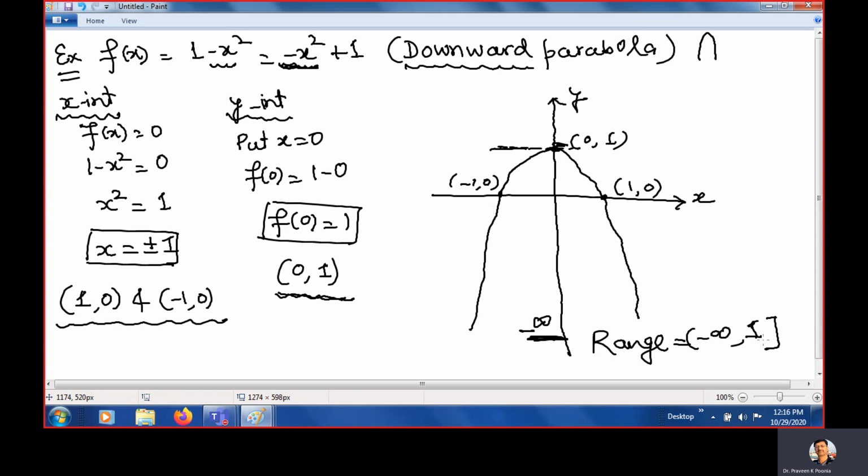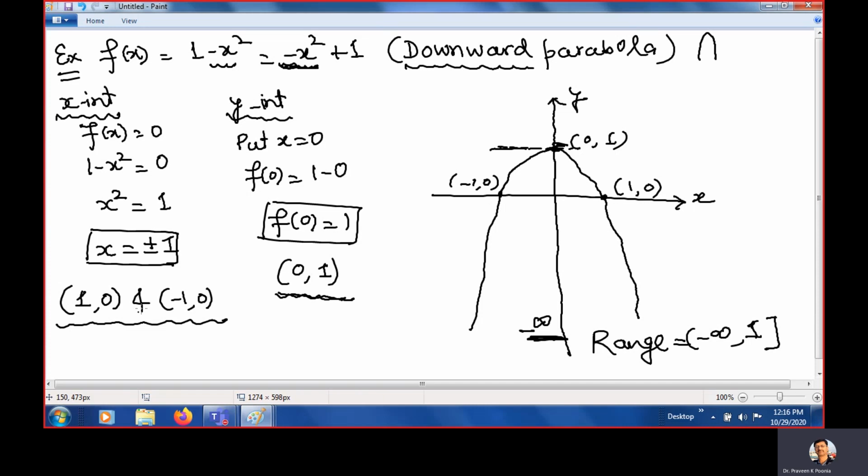How to evaluate the domain: because it is a polynomial, all these are polynomial functions, so the domain is always R. Clear? In chapter 1, the domain is R for polynomial functions. Clear? But the range for every parabola is different.